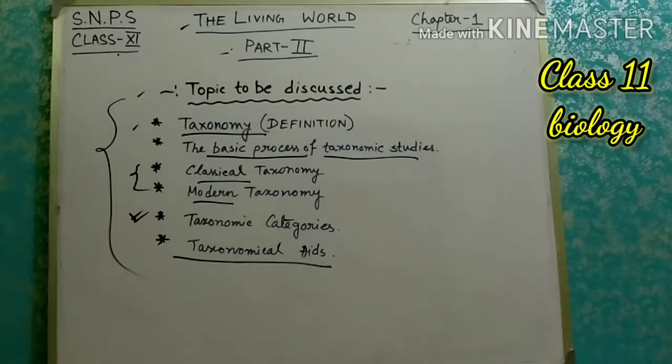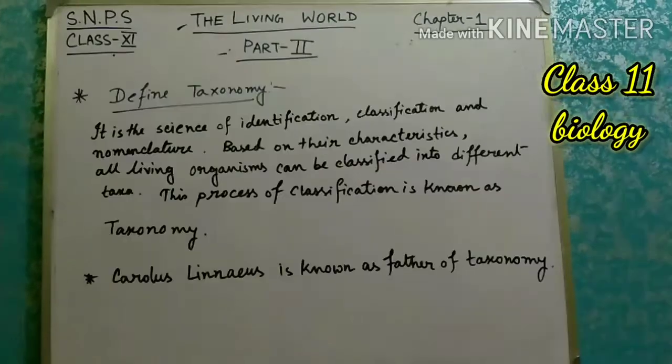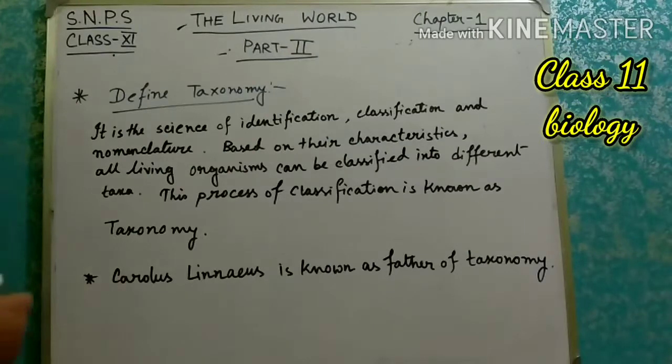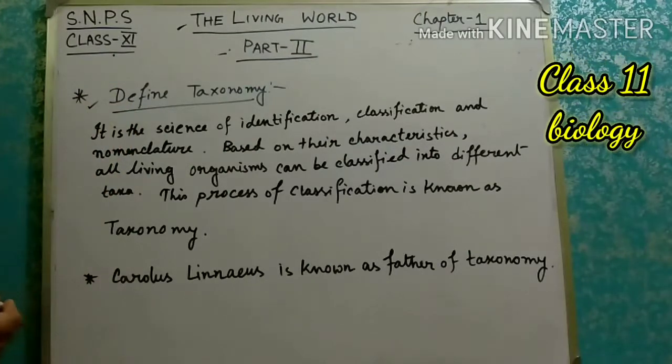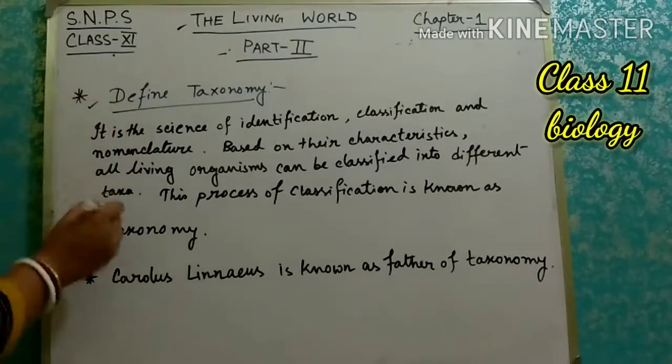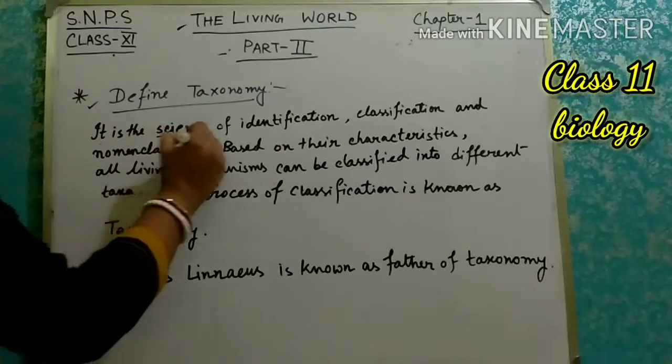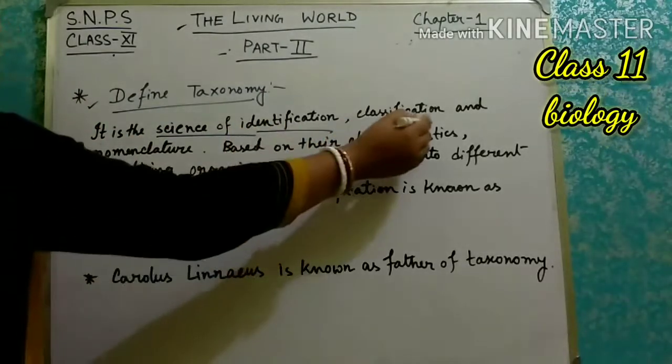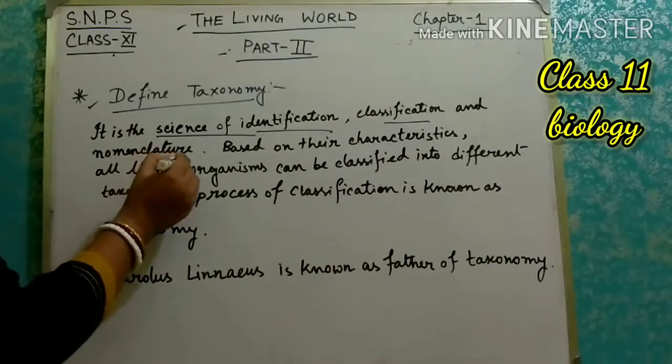So let's watch. At first we will study about the definition of taxonomy. So what is taxonomy? It is the science of identification, classification and nomenclature.